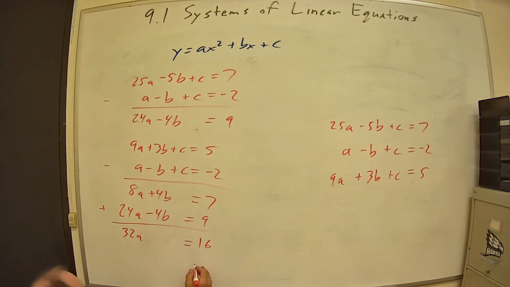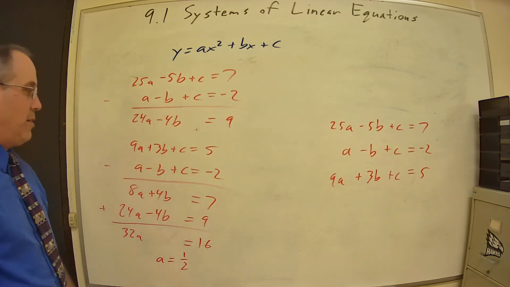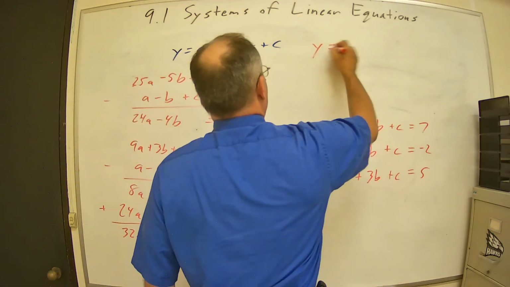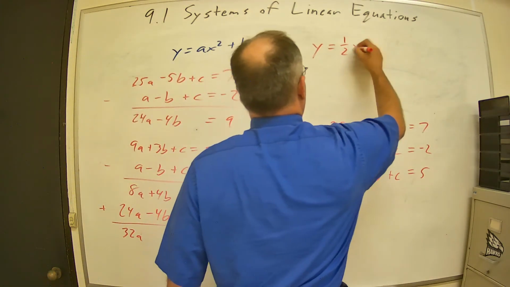Divide both sides by 32, and I get A is equal to 1/2. So there's my start. I've got A is equal to 1/2. So I've got Y is equal to 1/2 x squared.